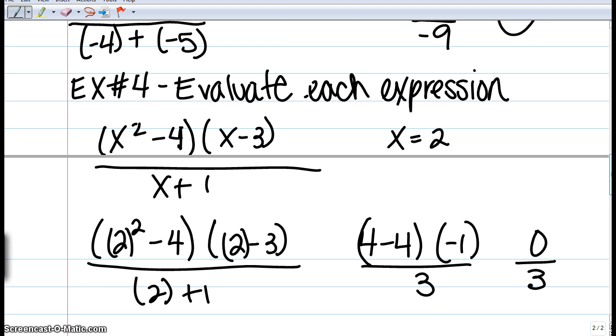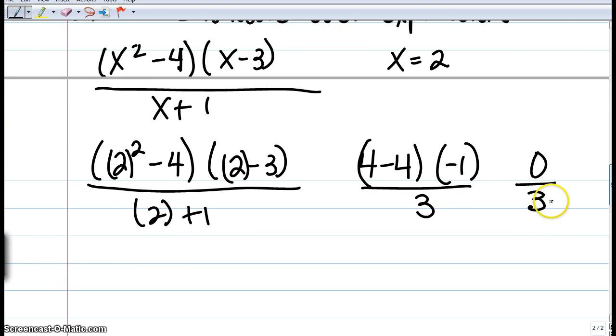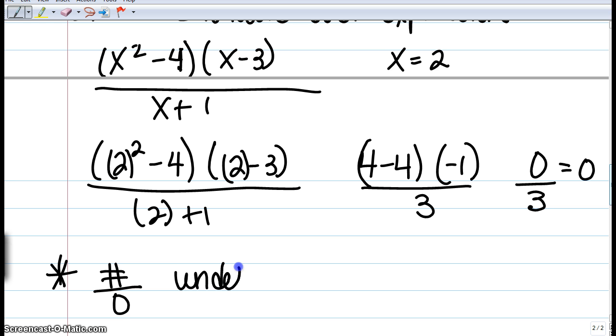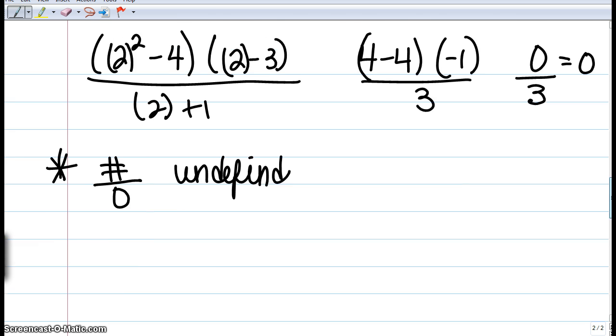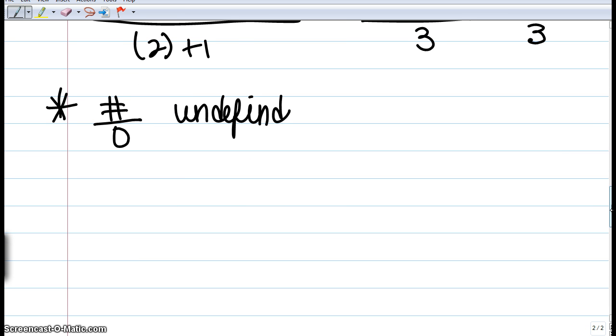Now that's okay because that's a 0 divided by a number, which is just 0. What you need to remember is if you have a number divided by 0, that is undefined. It does not exist. Okay, or it doesn't work. So you will get an error in your calculator if you plugged it in.